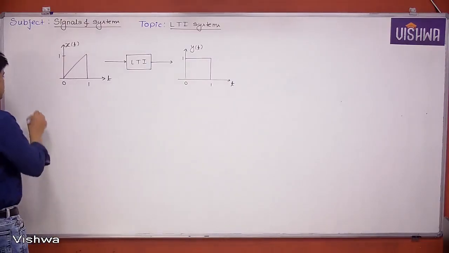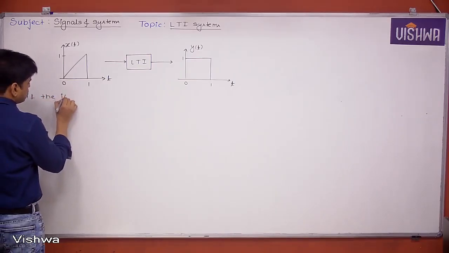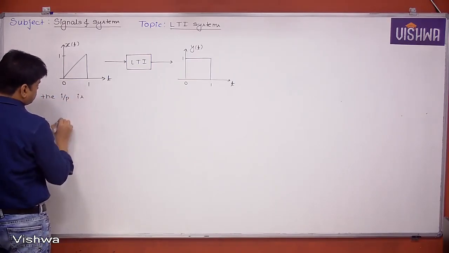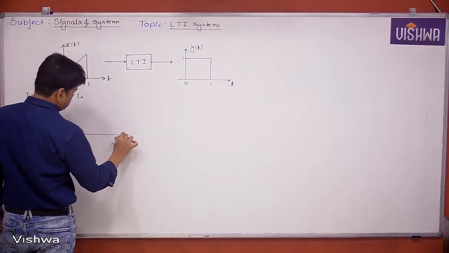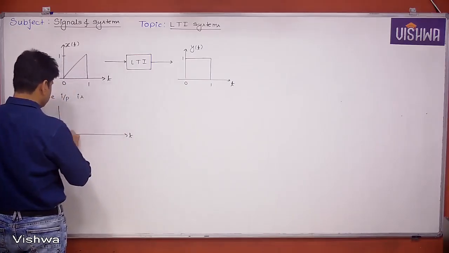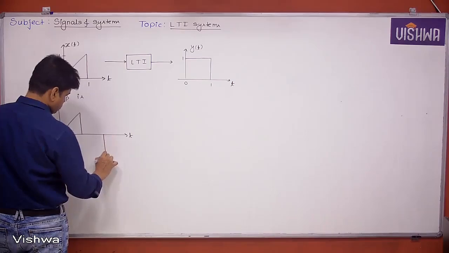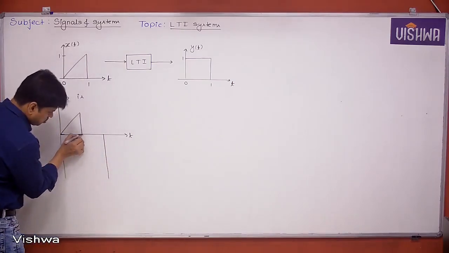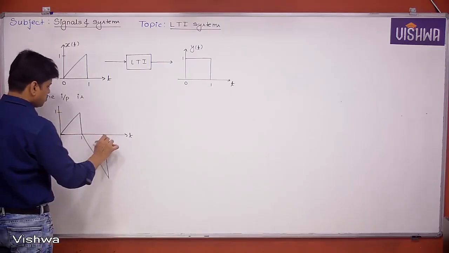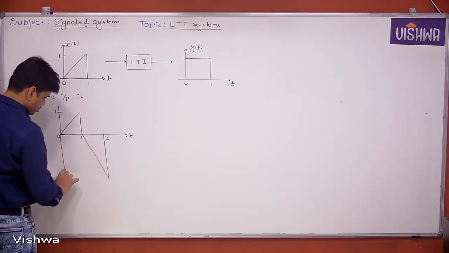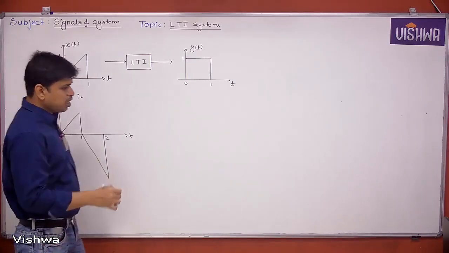But what if the input is in this way? Then what is the output we are going to get?